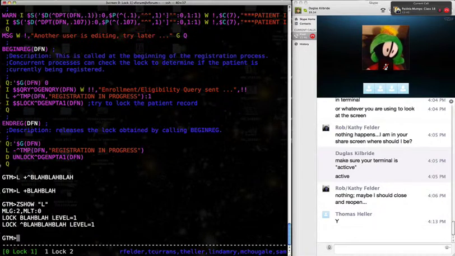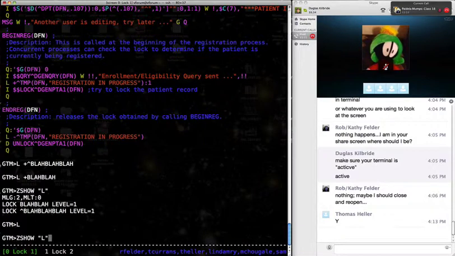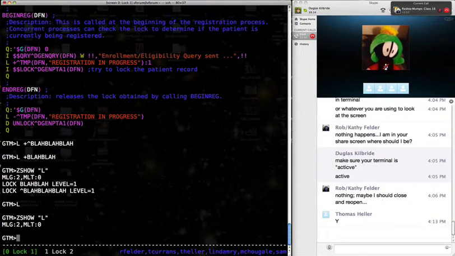So let me show you the other command that I wanted to talk about. Lock without any arguments. Guess what? They're gone. So lock without any arguments will unlock everything.